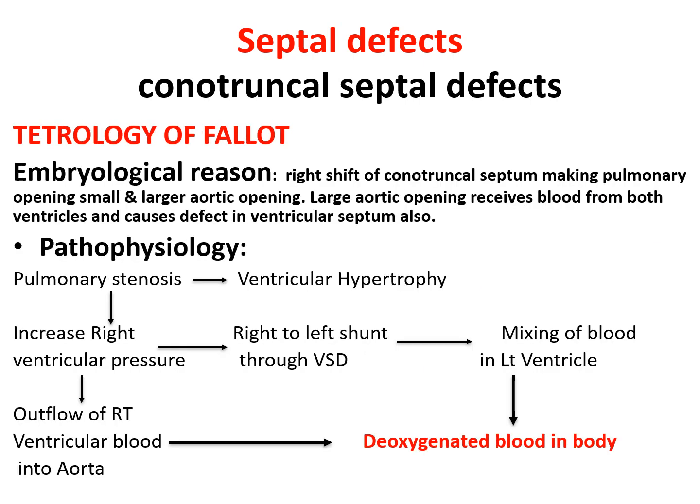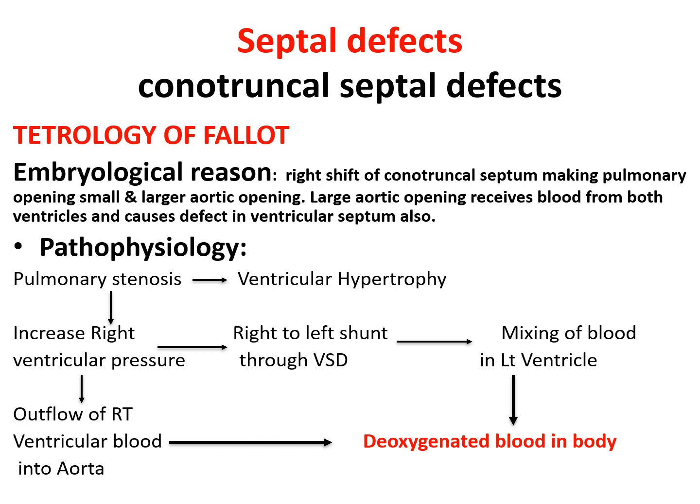So now, what is the reason for this tetralogy? It occurs because there is a right shift of the conotruncal septum, the spiral septum which we are talking about. So this will not divide the pulmonary trunk and the aorta into equal halves.